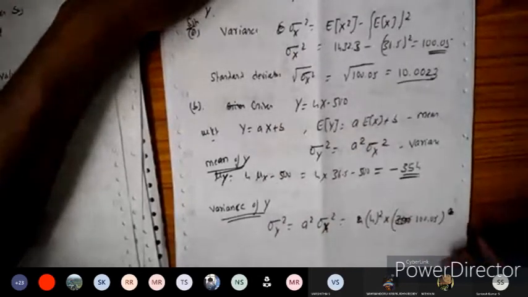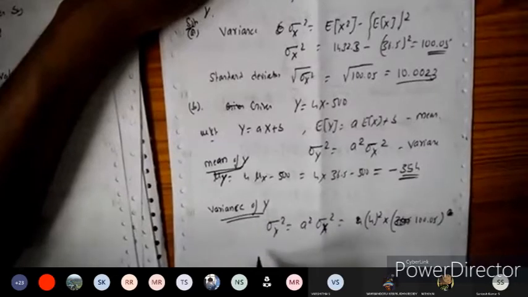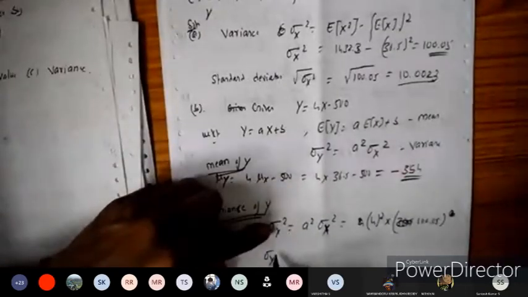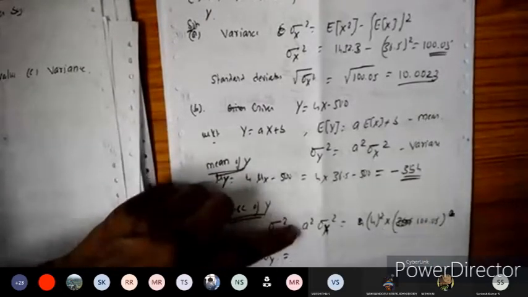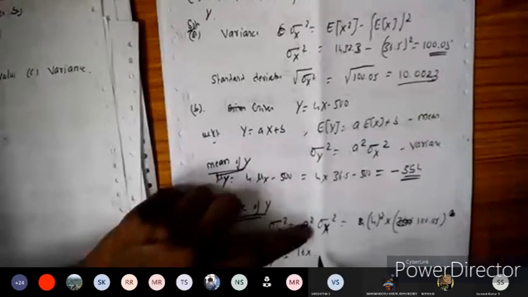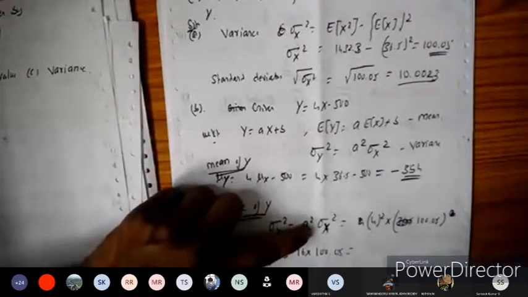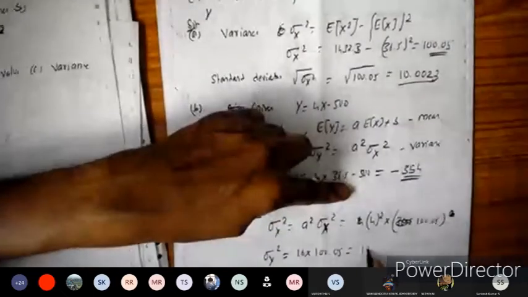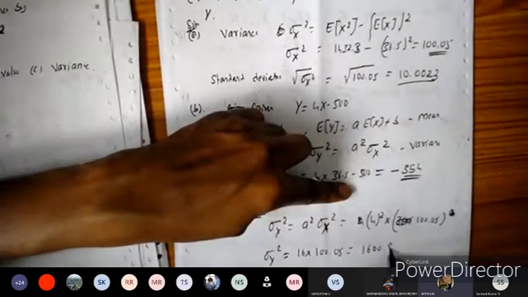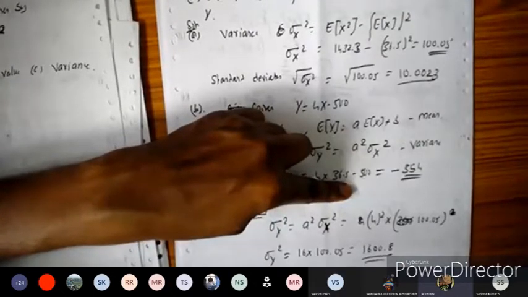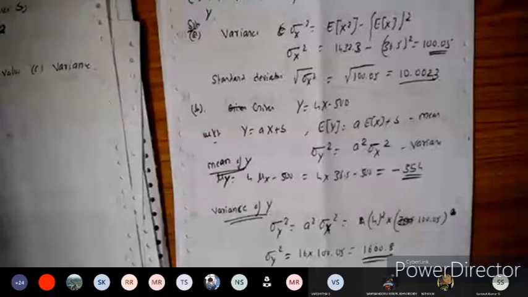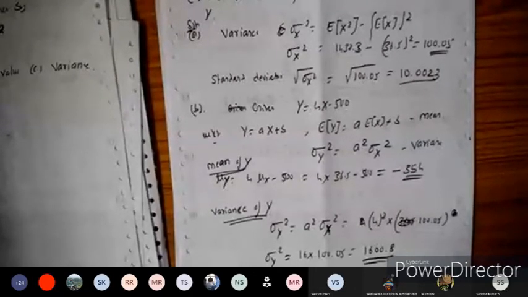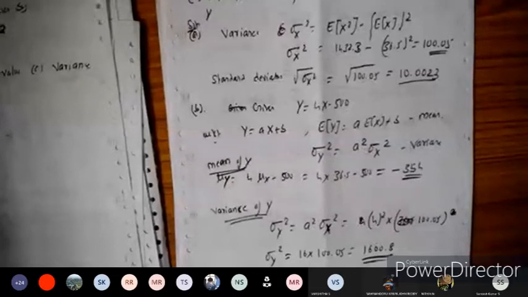There is no need of taking the square again here, so don't get confused: sigma x square itself is 100.05. So this is 16 into 100.05, which becomes 1600.8. Very good. This is the variance of the random variable y that we got here.